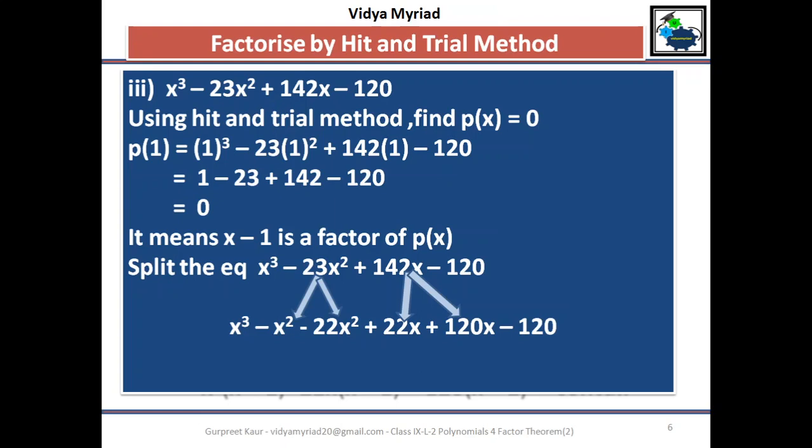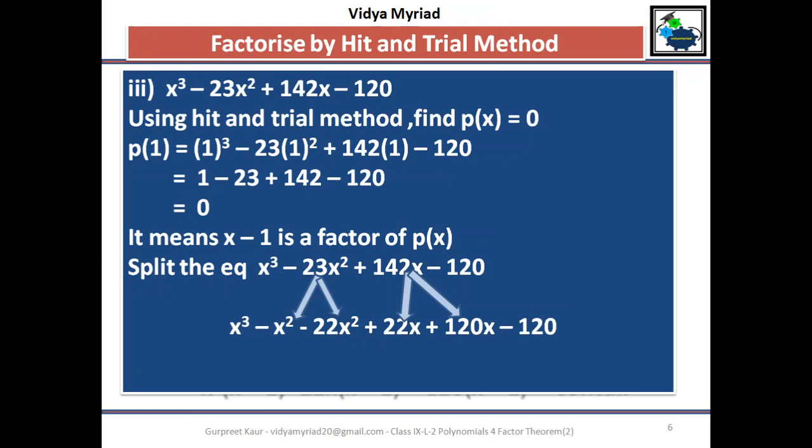So I can easily write minus 22x square to have a combination with the 22x, and minus x square to make it 23x square. Okay, this is the way. If you start from your right hand side, go towards your left and start making the combination in such a manner that they have some pair with one another.